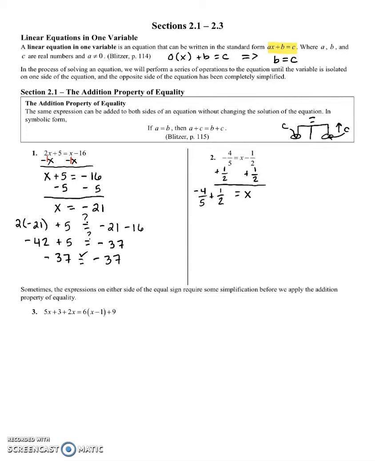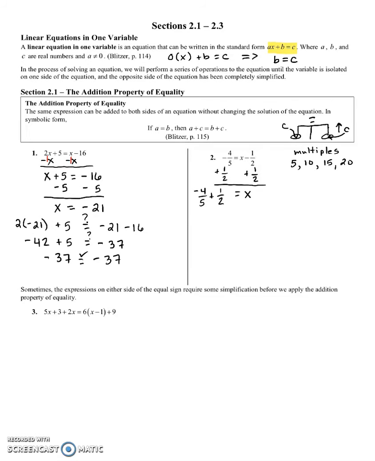Now, we have to find a common denominator, so we can go back and do our multiples. So multiples of 5. 5 times 1 is 5, 5 times 2 is 10, 5 times 3 is 15, 5 times 4 is 20. That's probably far enough.